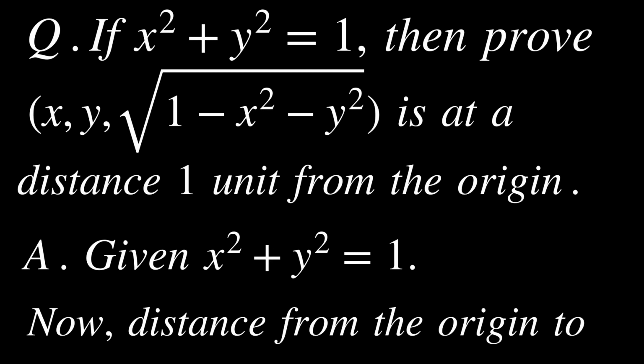Next question. If x square plus y square is equal to 1, then show the coordinate (x, y, square root of 1 minus x square minus y square) is at a distance 1 unit from the origin.